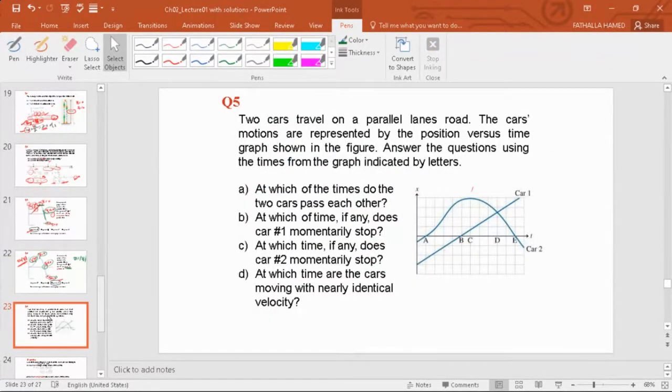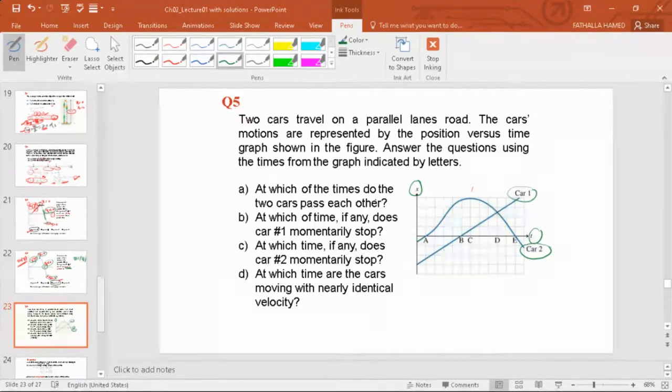Now, in this question here, they give you an XT graph. That's how car 1 is moving. That's the curve for car 1, and that's the curve for car 2. And they want you to answer these questions.